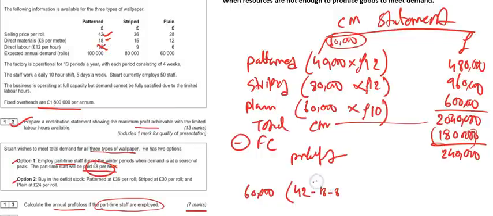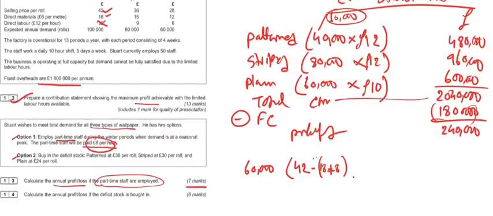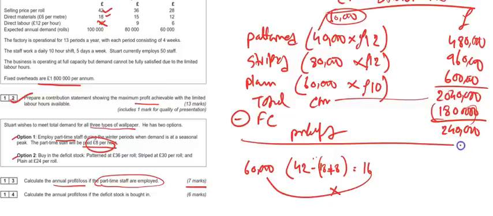Basically, of this 42, you minus 18 and 8. So 42 minus 18 minus 8, you're getting a contribution of 16. 16, you multiply with 60,000. We're just doing workings, so you can do workings like this, no problem at all. So 960,000 extra contribution we are getting from this particular option.